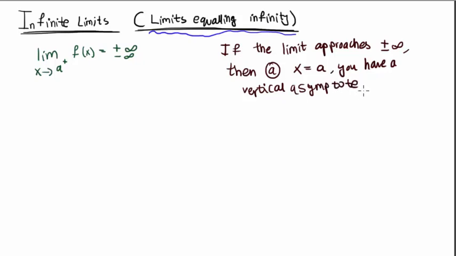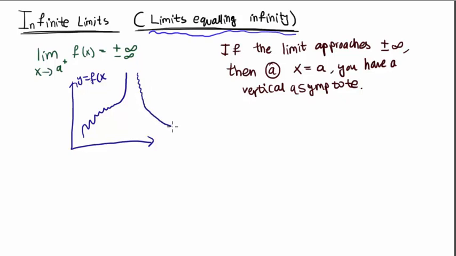I hope you already know what a vertical asymptote is. If not, then probably Google it at this moment. But basically, let's say I have a function, y equals f of x, and it's some weird function, just keeps on going like this, and then shoots up, and then goes like this, and then smooths out like this.